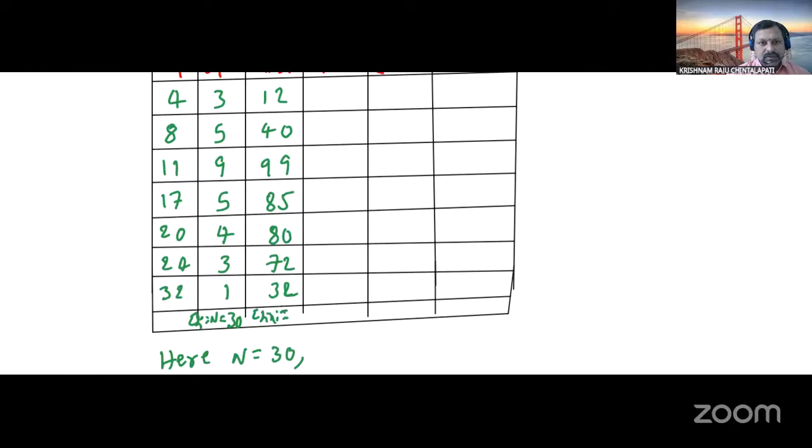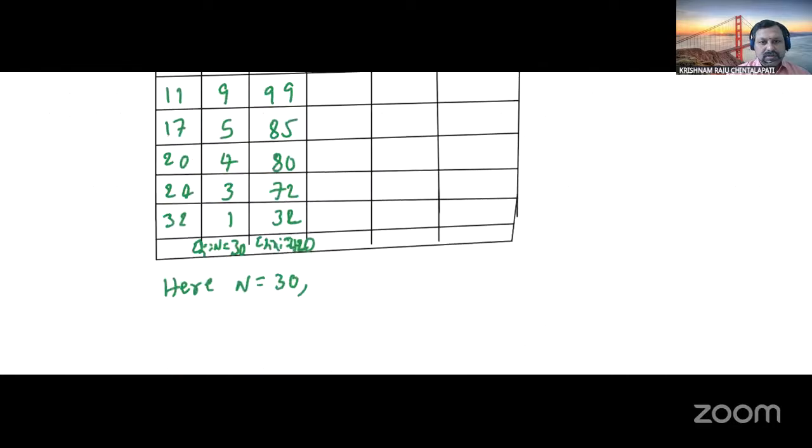Adding these up, we get 420. So summation Fi xi value is 420.